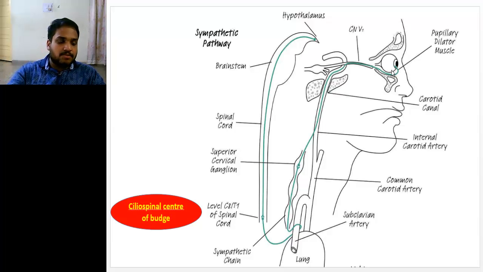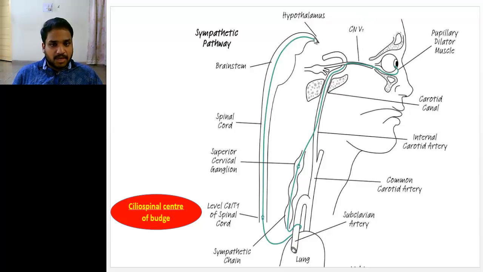The sympathetic fibers not only supply the dilator pupillae, but also innervate the smooth muscles of the eyelids. They also innervate the sweat glands of the forehead and the face. All these are innervated by the sympathetics.